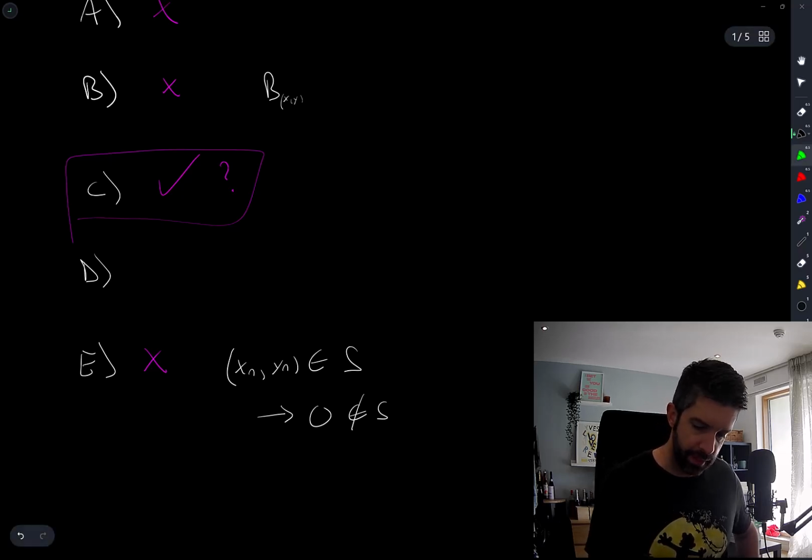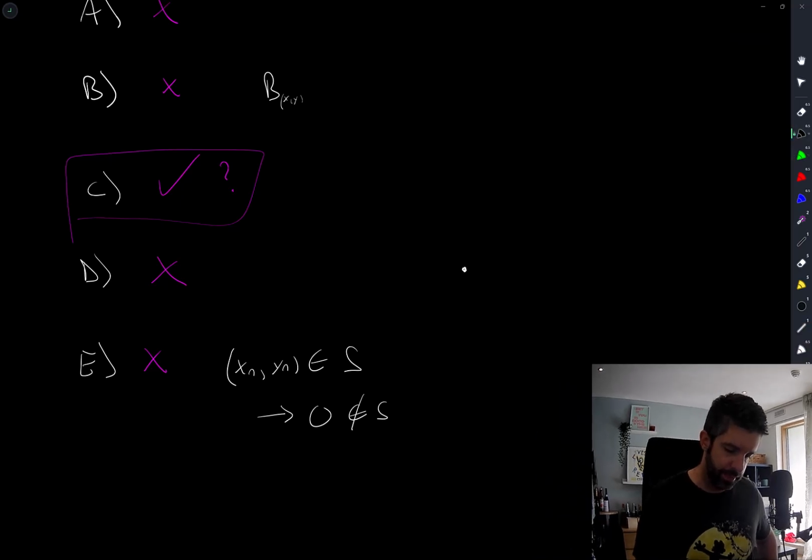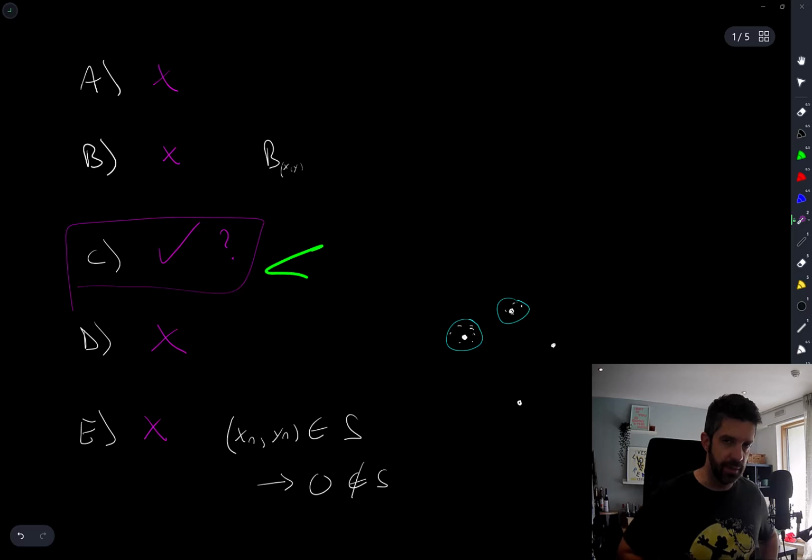If this set were totally disconnected, then it's a union of all of its singletons, but I should never be able to put a ball around a singleton and hit another point. But I do, because there are always more points in there. Yeah, I'm going to say C.